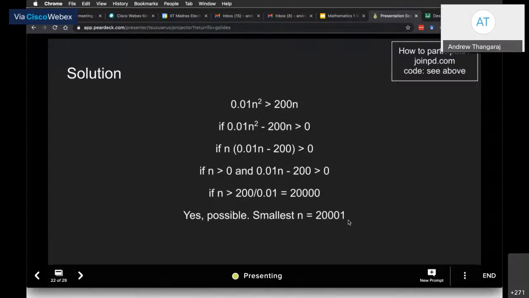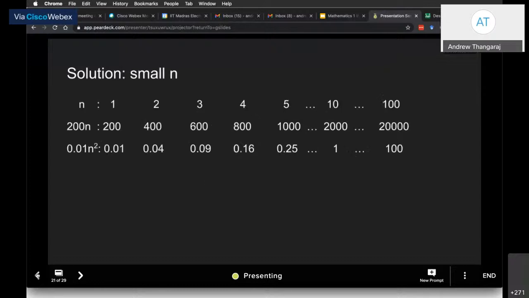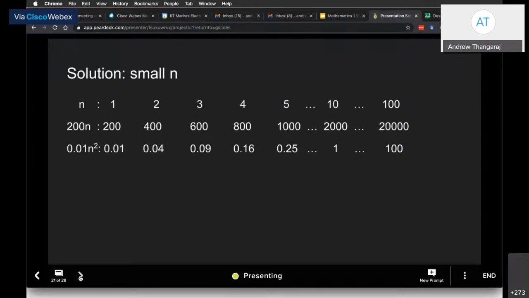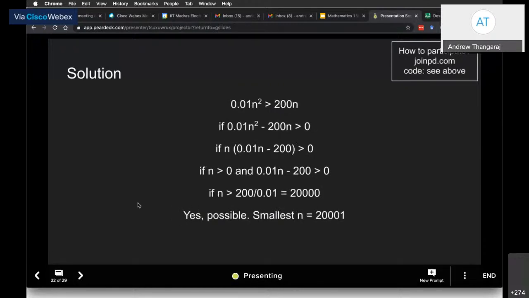Notice how the surprising thing is working out. One needs to be very, very careful when you do numerics like this. If you don't know the true nature of n and n squared, you will evaluate up to 100 and say, hey, 0.01 n squared is nowhere near 200n, I'm going to go with 200n. But in reality, your n may be of the order of 20,000, 50,000. These are not big numbers today. And what will happen?